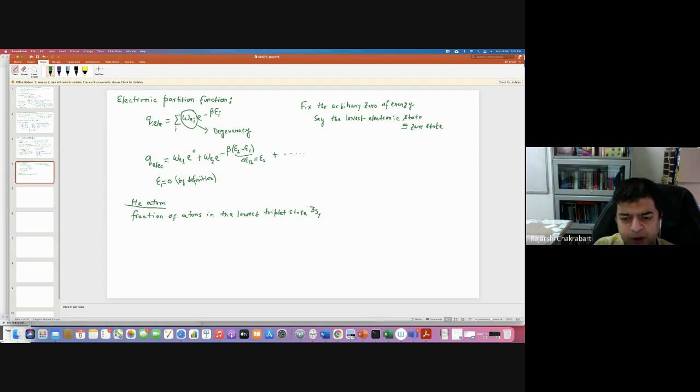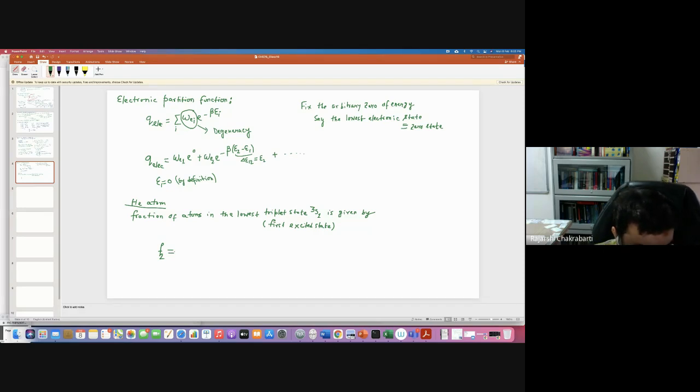This is term symbols, which I'll not do here. What will be the answer to this? The fraction of helium atoms in the lowest triplet state, so the first excited state. I'm calling it f2. What should I write here?